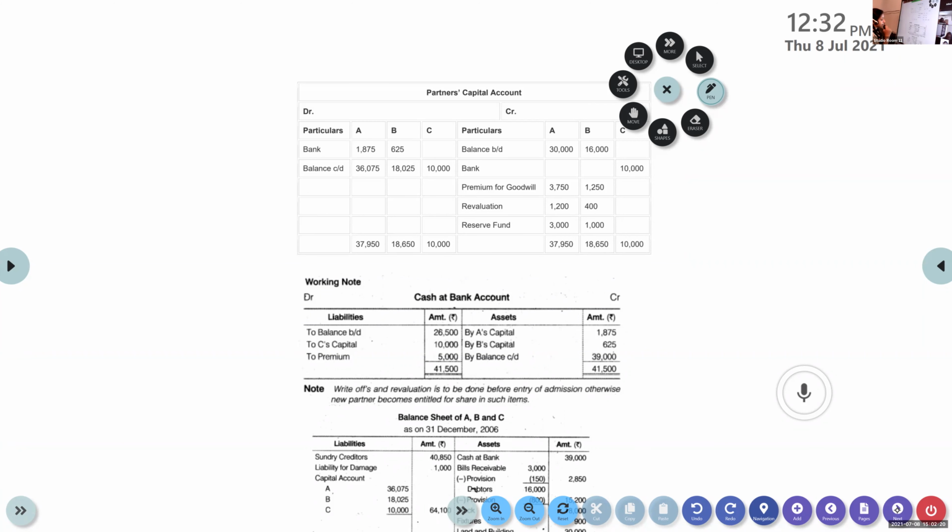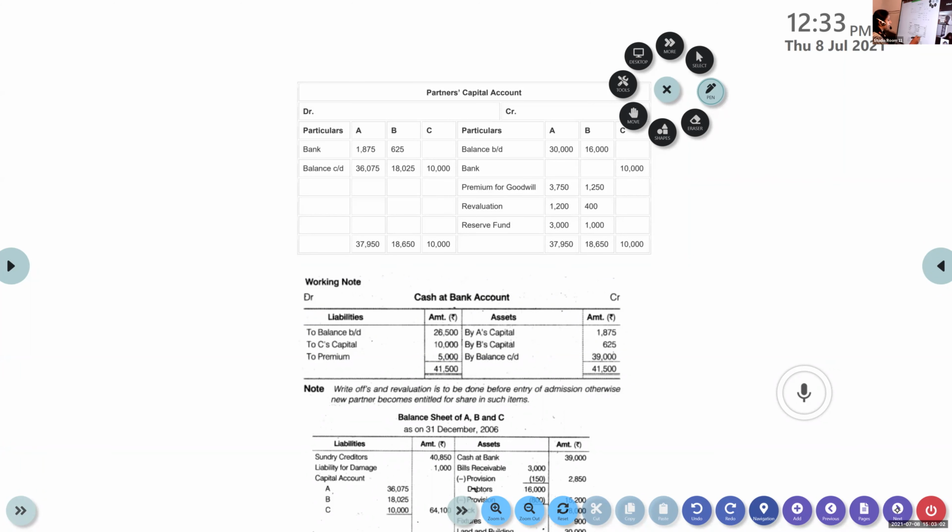Okay. And there was one more point. Goodwill distributed, that is the 5,000 goodwill. Out of that, half of the amount was withdrawn by the old partners. Withdrawal of goodwill is done by the old partners. So 5,000 was the goodwill brought by him.